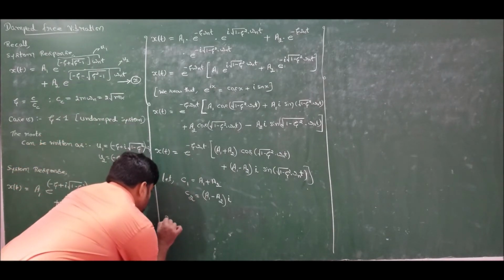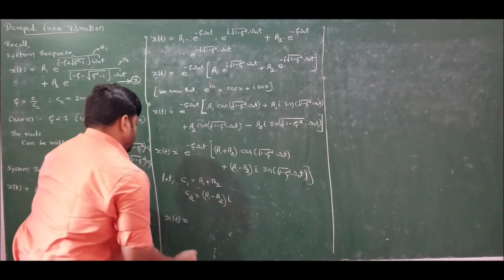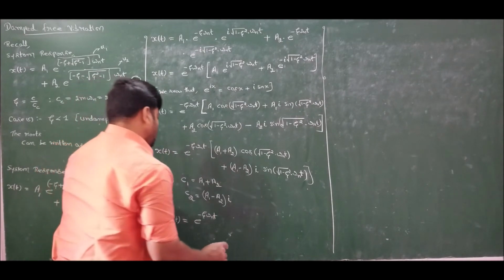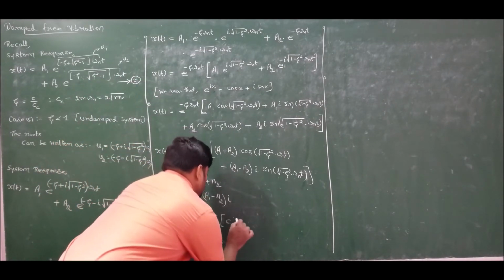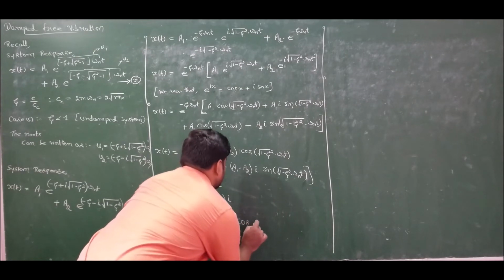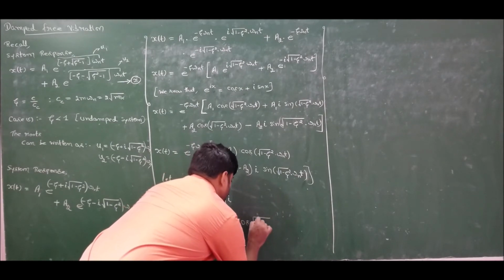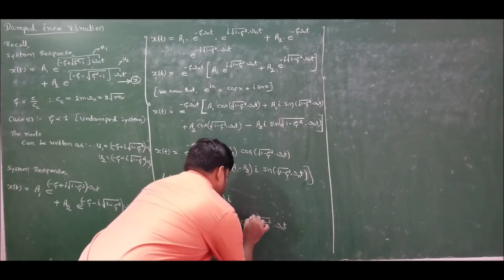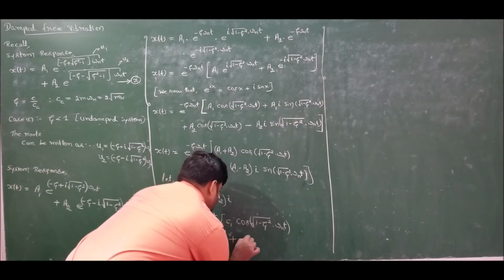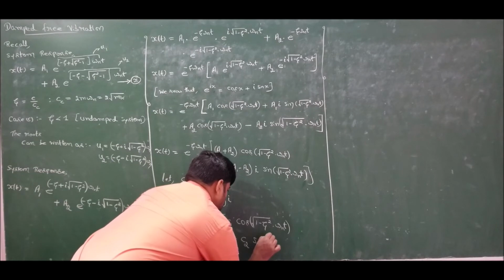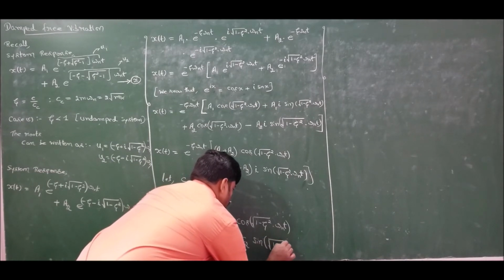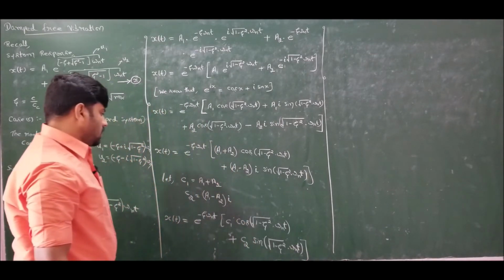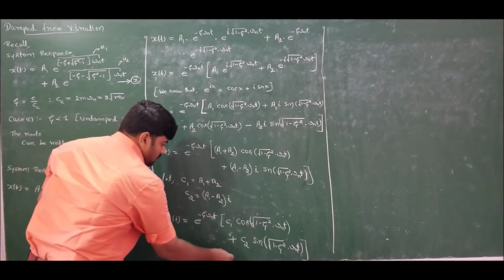Hence I can write the system response as x of t will become e to the power of minus zeta omega nt times C1 cos of root of 1 minus zeta square into omega nt plus C2 sin of root of 1 minus zeta square into omega nt. So this is what I got, the system response equation.